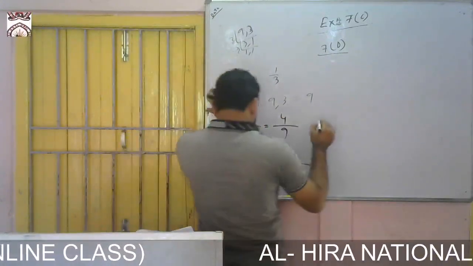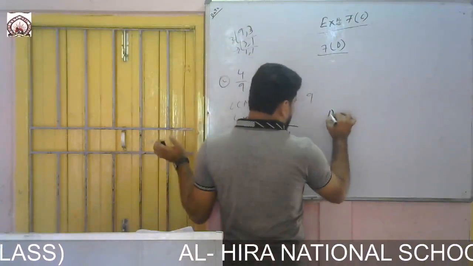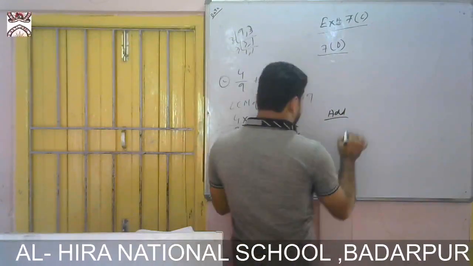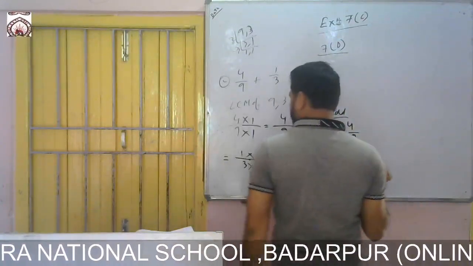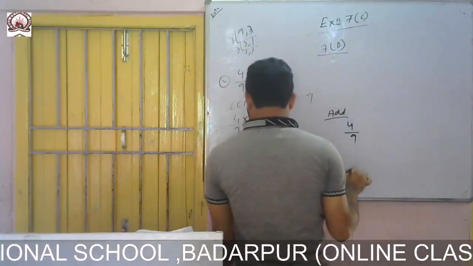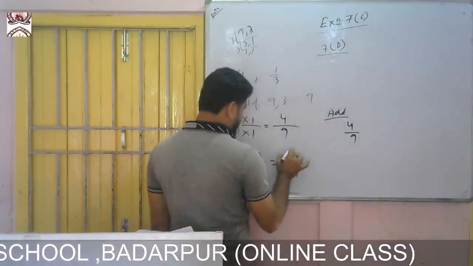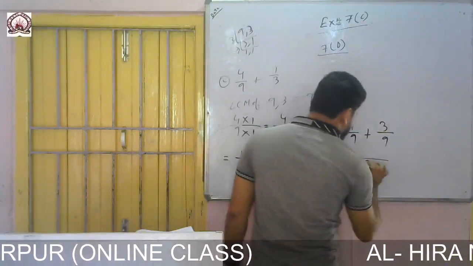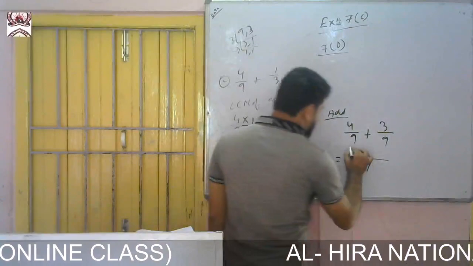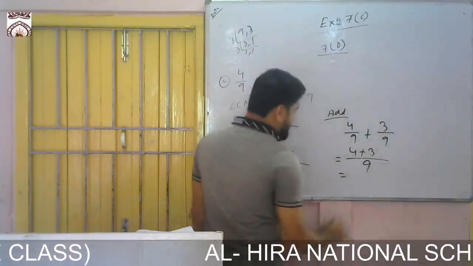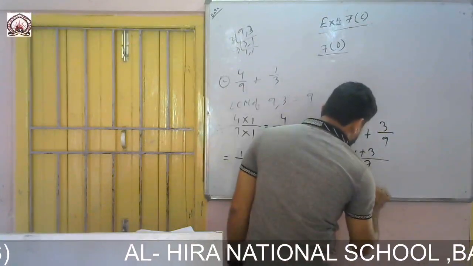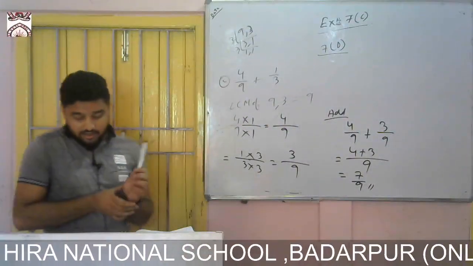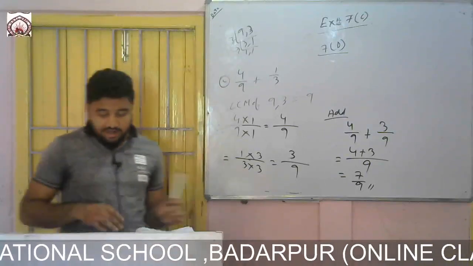Now add, that means adding the like fractions. 4 by 9 plus 3 by 9. Since the denominators are the same, I can add the numerators directly. So 7 by 9. Like this you can do.